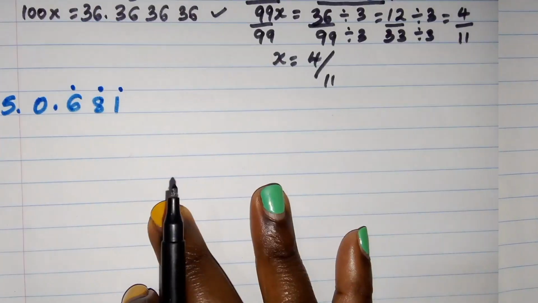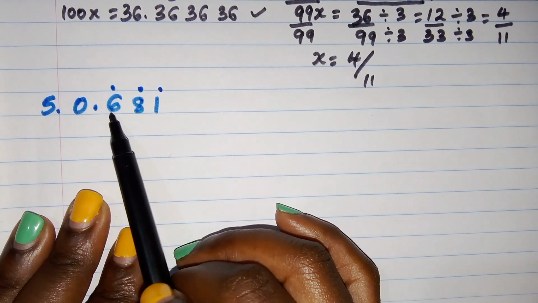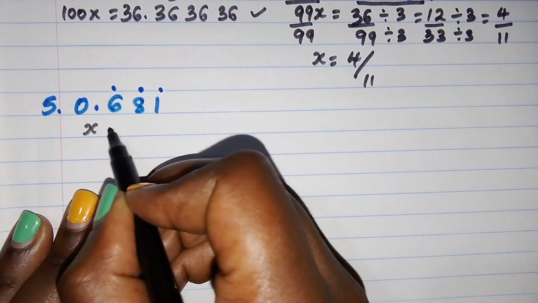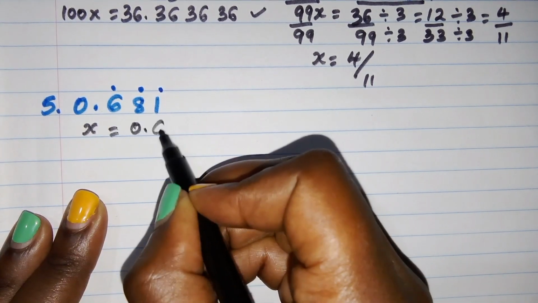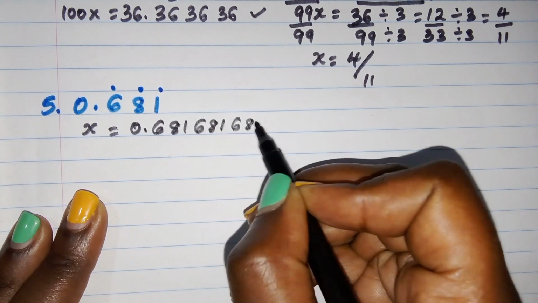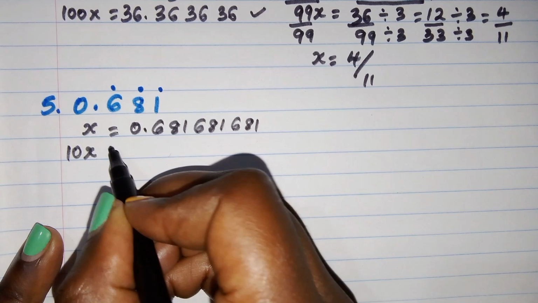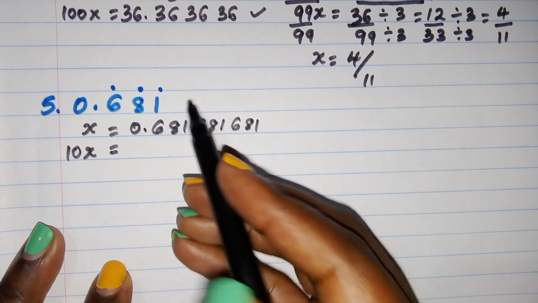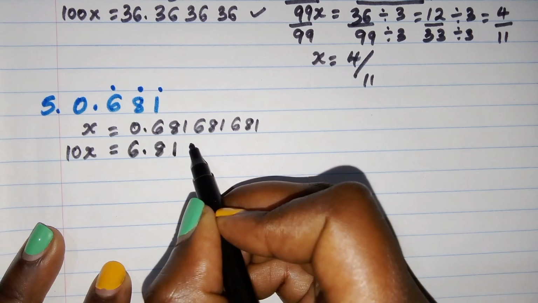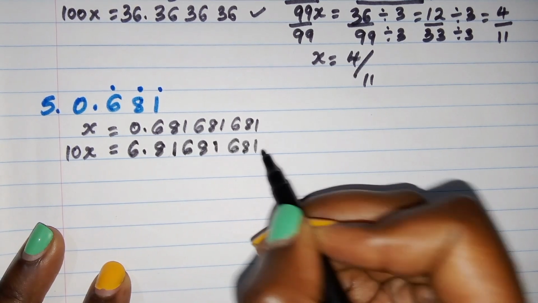Let's move on. Okay, number 5, we'll try one with 3 recurring numbers. So 0.6 recurring, 8 recurring, 1 recurring. In expanded form, that will be 0.681, 681, 681 and so forth. So if you move the decimal point only 1, so 6.81, and then you repeat the same numbers, 681, 681.